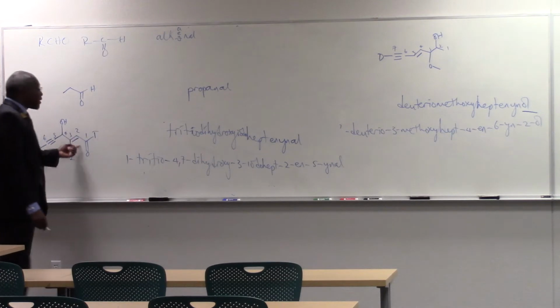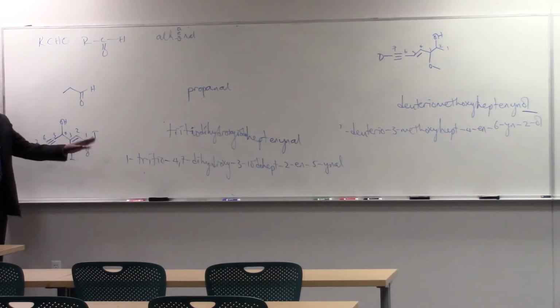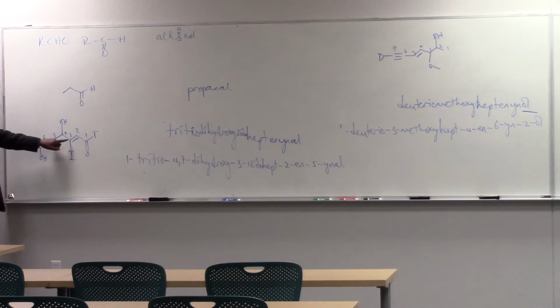If it's got a double bond, I'm looking out for E/Z or cis-trans. I can't use cis-trans because none of the groups on either carbon are replicated on the other carbon. So cis-trans doesn't work.